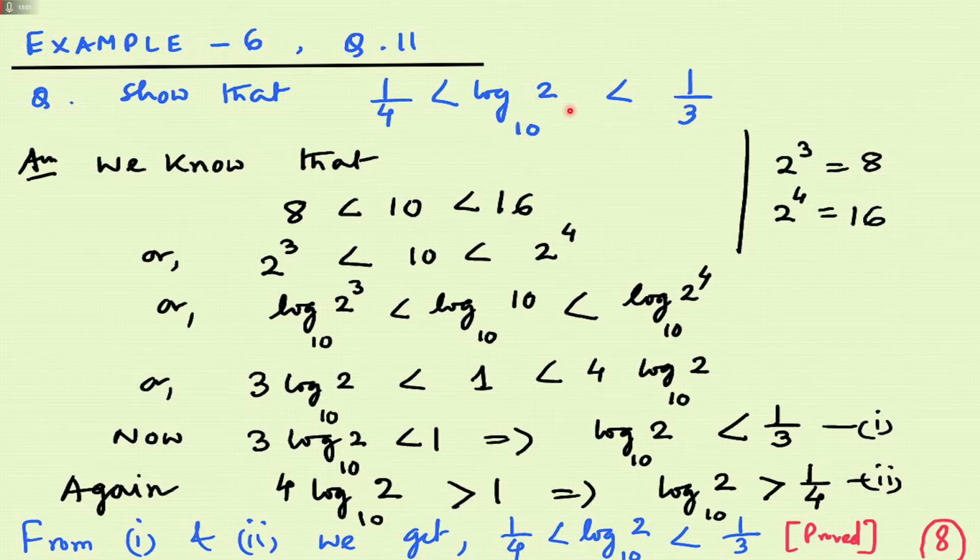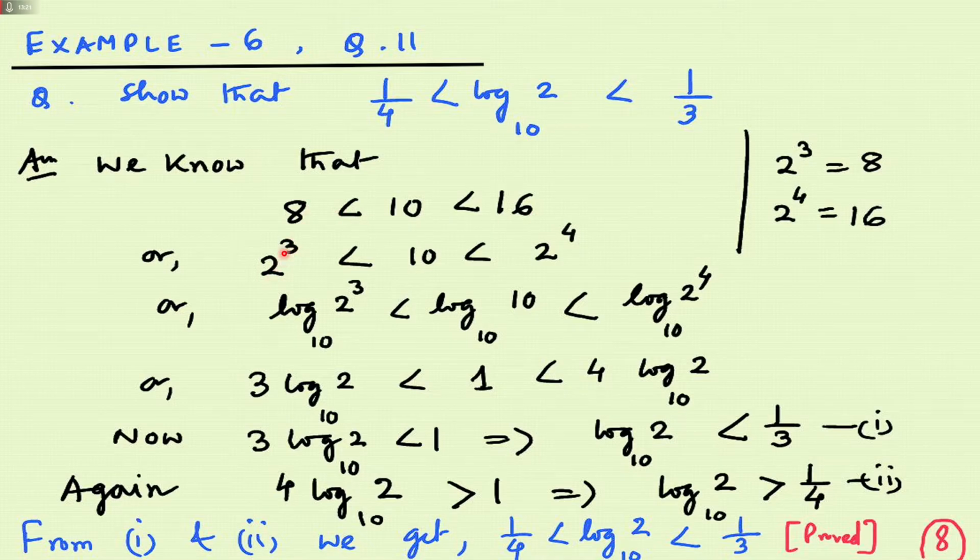Just I am back calculating. I have 2 cube and 2 to the power 4 here. Now 2 cube is nothing but 8 and 2 to the power 4 is nothing but 16. And we all know that 8 is very much less than 10 and 10 is also less than 16.